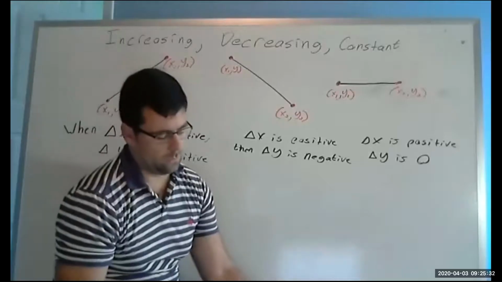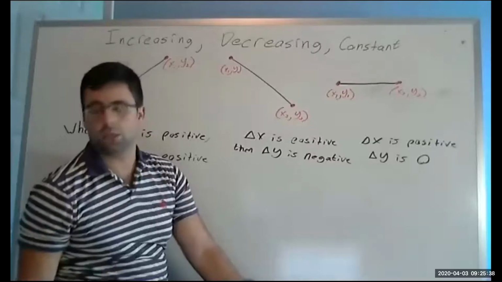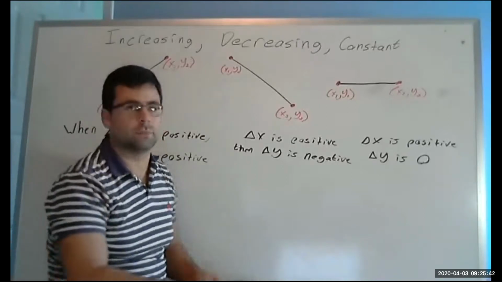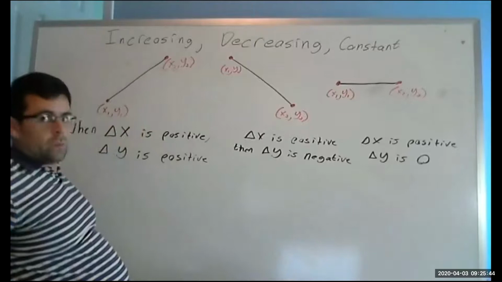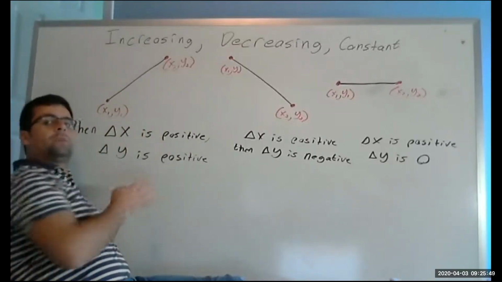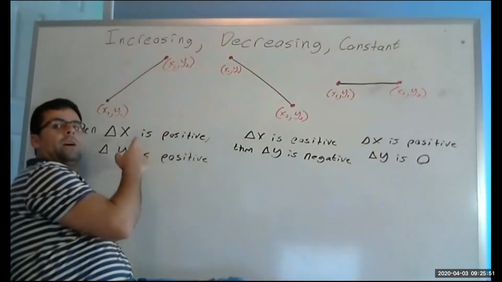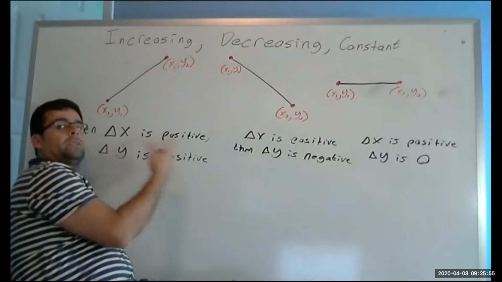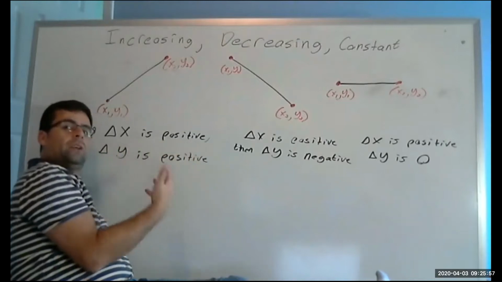So this is how we algebraically compare these different types of functions. We look at an interval and we say, as we go from left to right, meaning our change in x is positive, what does our y value do?